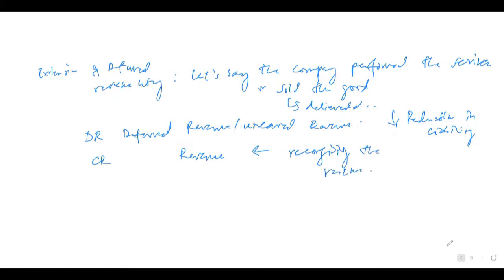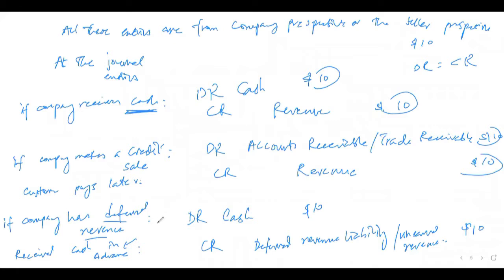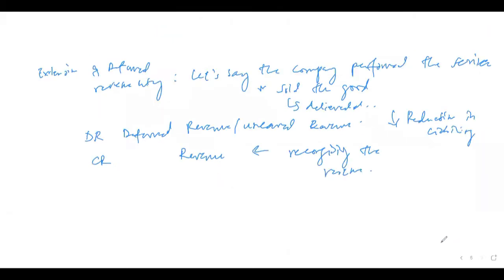So if we move back to the previous slide, let's say the company has deferred revenue. The company received the cash in advance, so the company will debit cash for $10 and then credit the liability. Then in the following months, the company either performed the service or delivered the good. Therefore, the company will debit the deferred revenue, or reduce the liability. How do you reduce the liability?